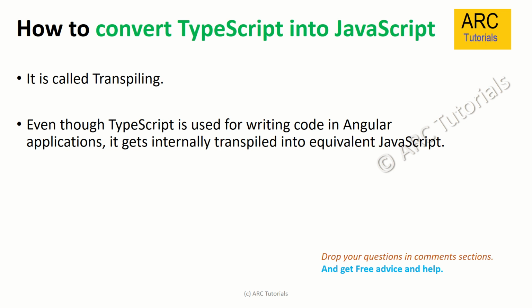Using transpiling during the build, the code from TypeScript gets converted into JavaScript in real time. That is what Angular does when it builds the application. The interviewer wants you to speak about transpiling, and wants to see that you know the meaning of transpiling and understand how TypeScript code gets converted into JavaScript.